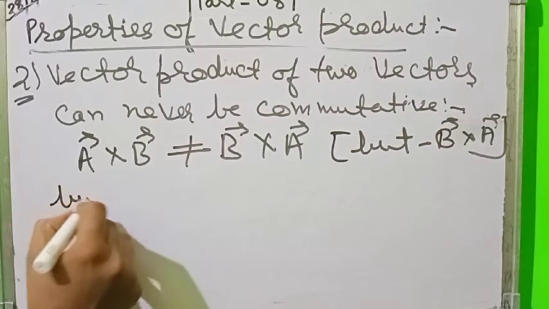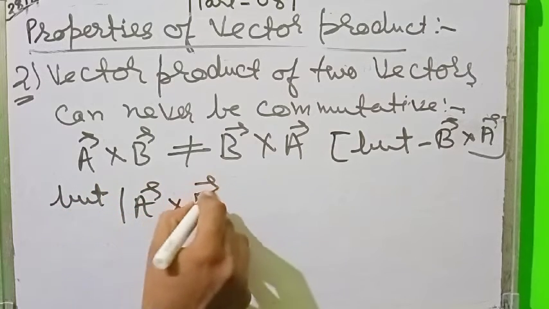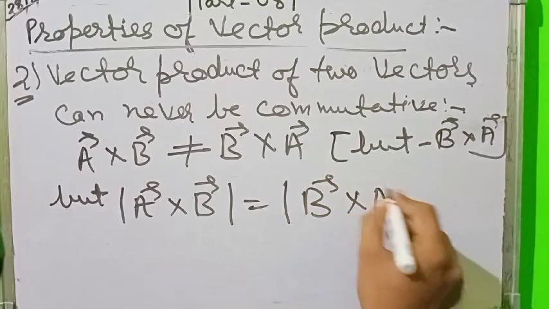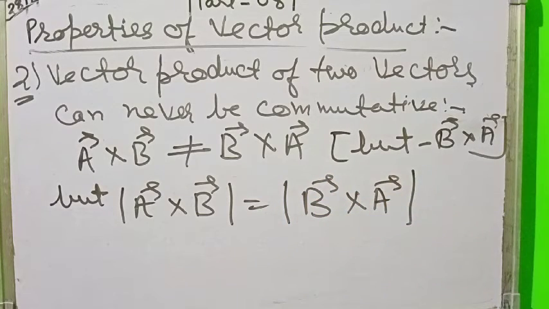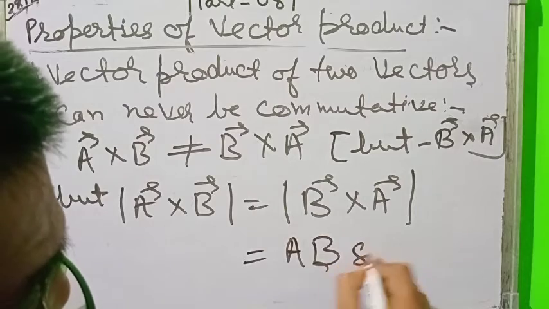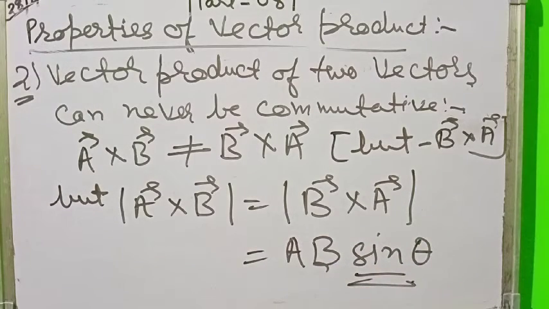But the magnitude of vector A cross vector B is equal to the magnitude of vector B cross vector A, and this magnitude is equal to AB sin theta.